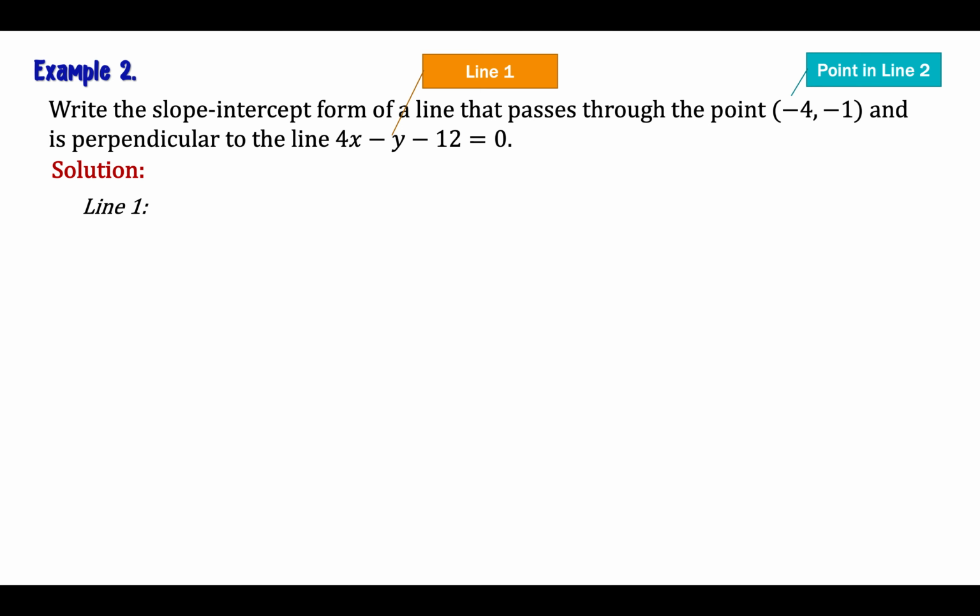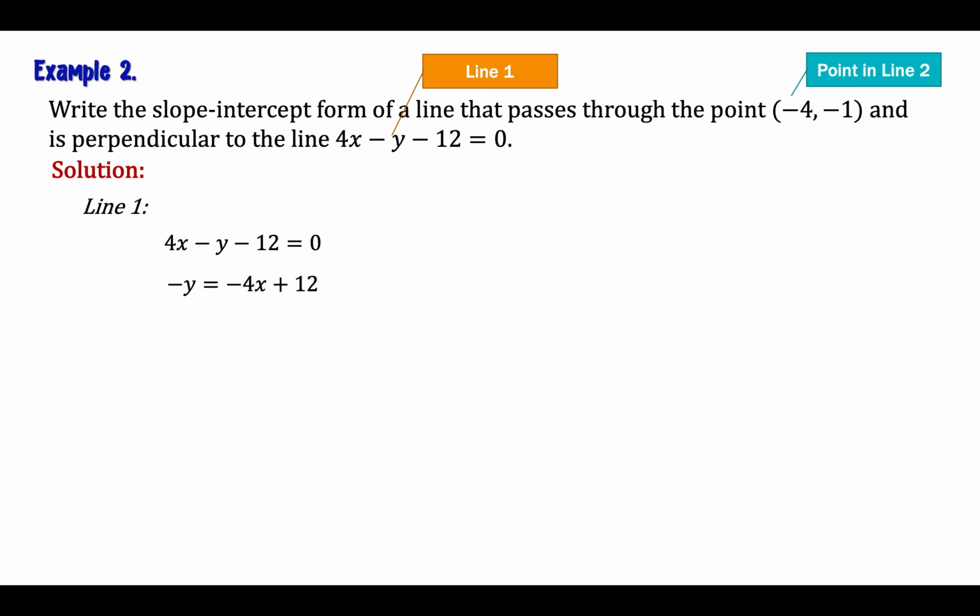So let's start off with line 1. To find its slope, we can simply transform this into slope-intercept form. To do that, we transpose 4x minus 12 to the right-hand side, and what you'll get is negative y is equal to negative 4x plus 12.